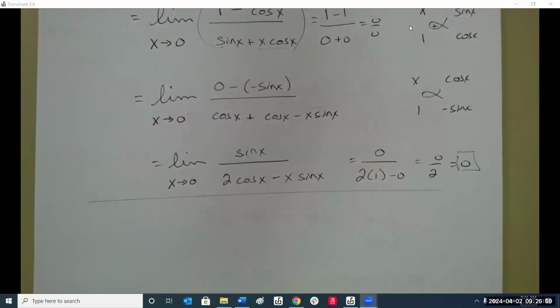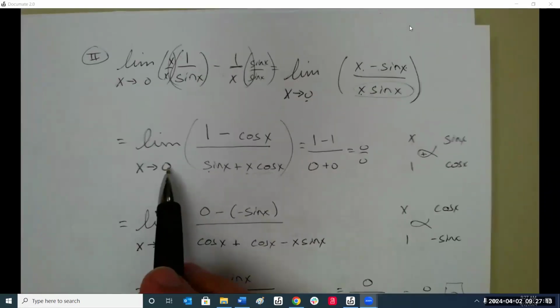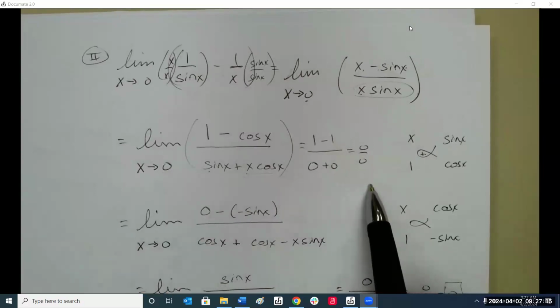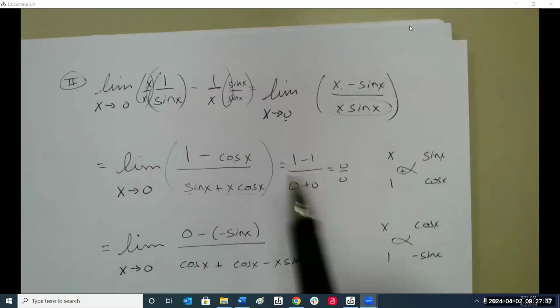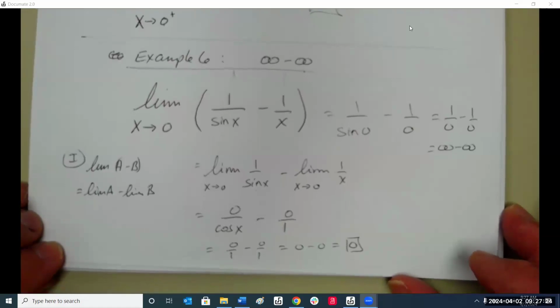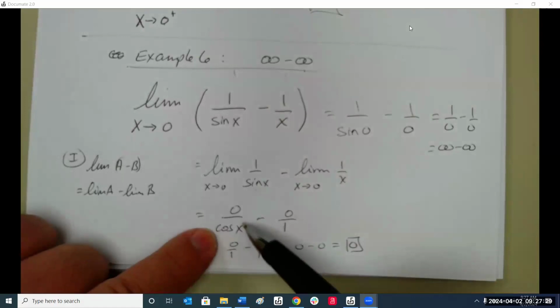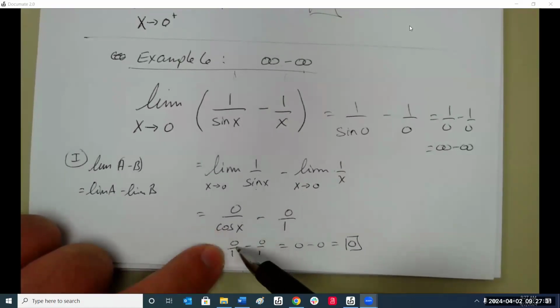I still don't understand why it's 0. Why wouldn't it be 1 for the cosine, minus 1 over 1? It's also equal to 0. In which part? Here? Oh, this one here? Because 0 over cosine is 0. I don't care what the bottom is, it's 0.